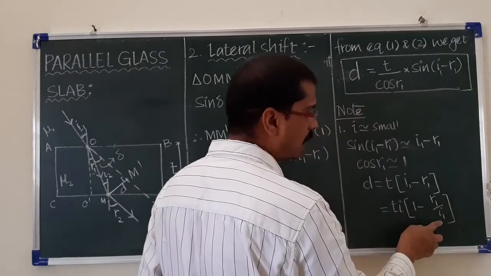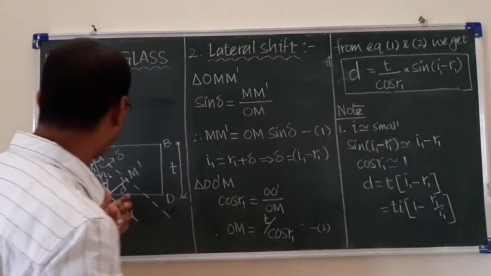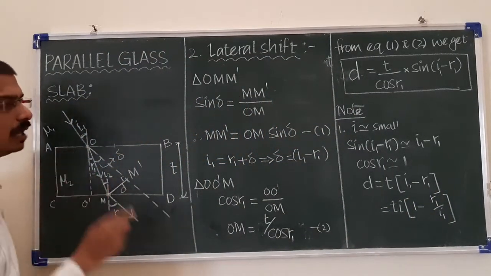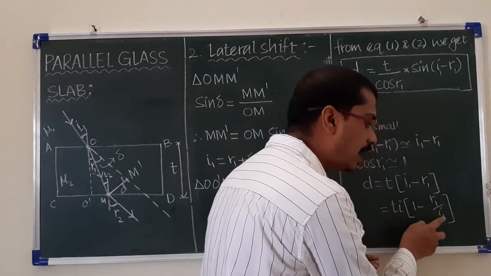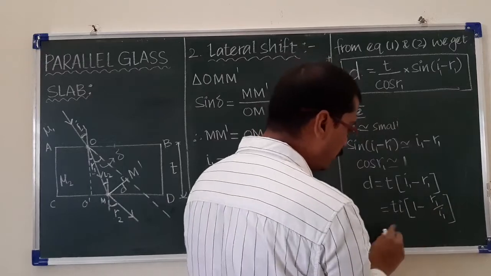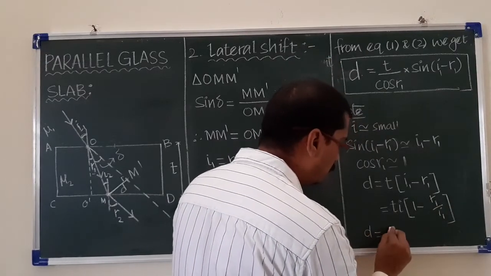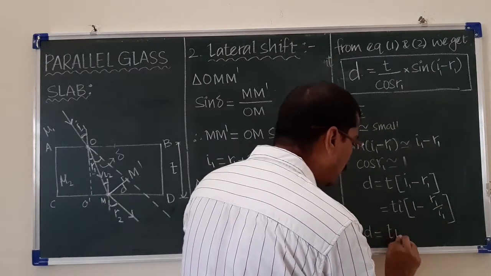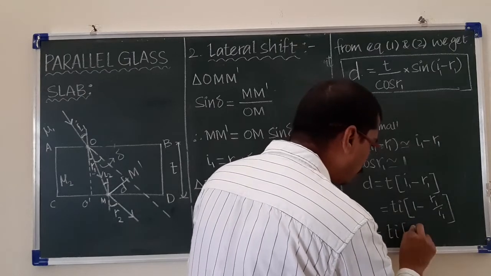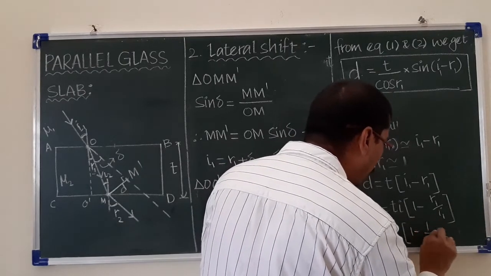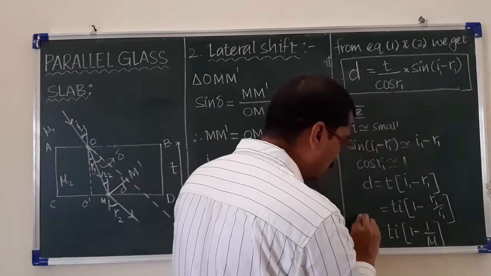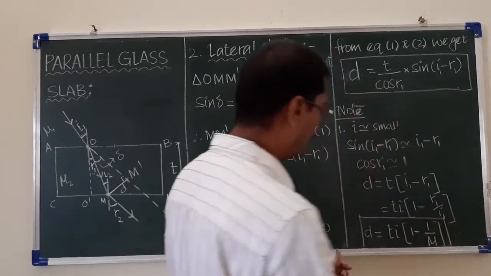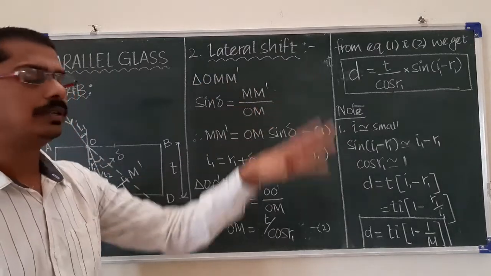When theta is very small, R1 upon I1 is the ratio of angle of incidence and angle of refraction, which we can write as 1 upon mu. So D equals t I1 into 1 minus 1 upon mu. This is the second formula for lateral displacement.